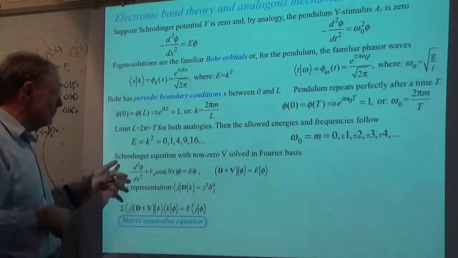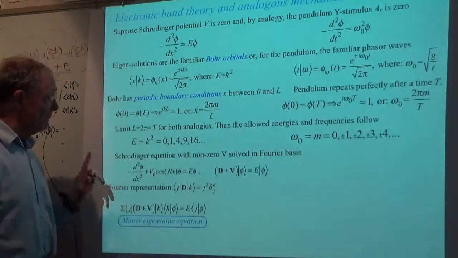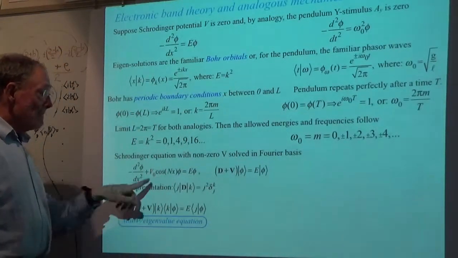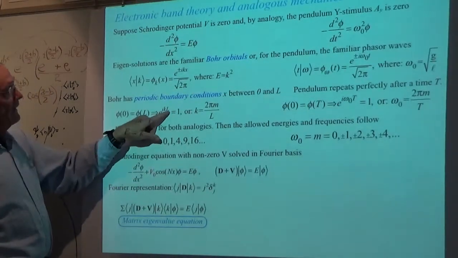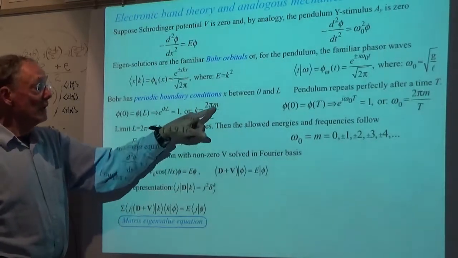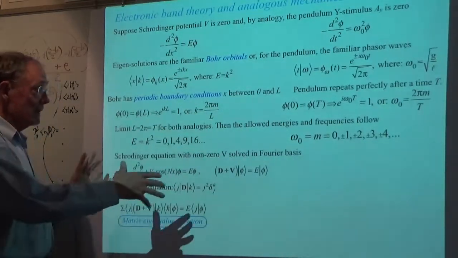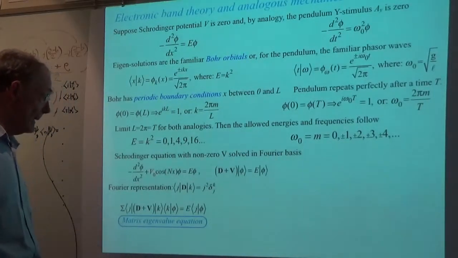So the Schrodinger equation with non-zero potential is solved in a Fourier basis. I'm going to imagine it's linear combinations of e to the ikL with k equal to some multiple of 2 pi over L. I'm going to make a Fourier series of those harmonics. Okay?